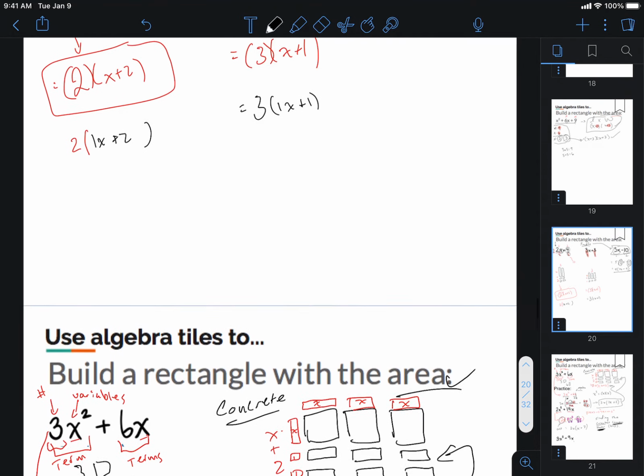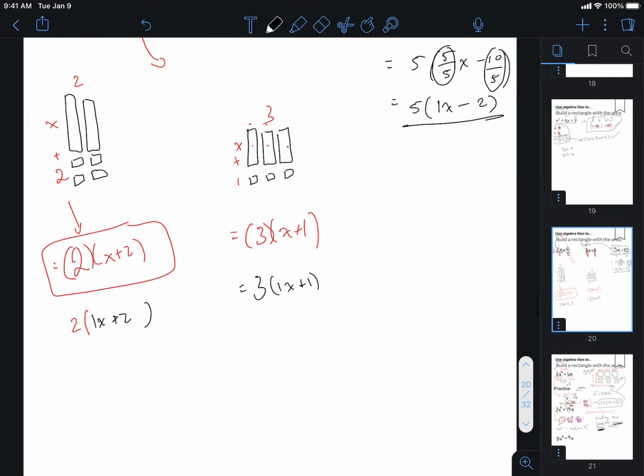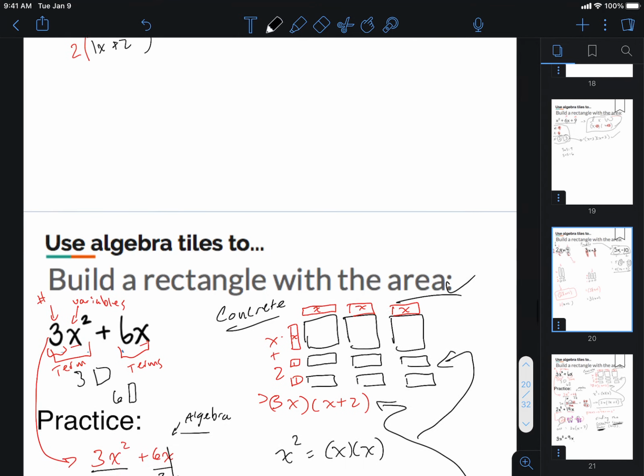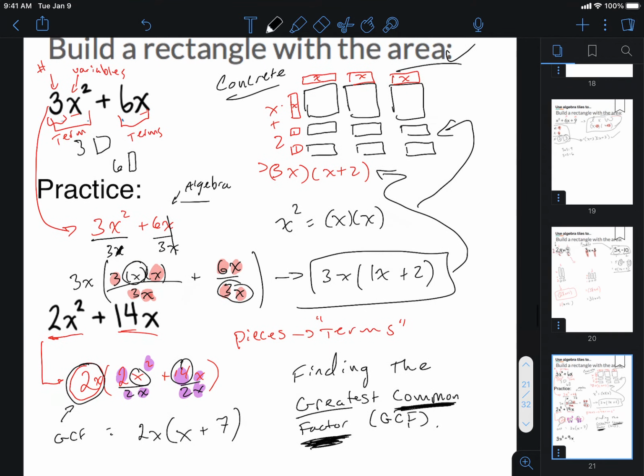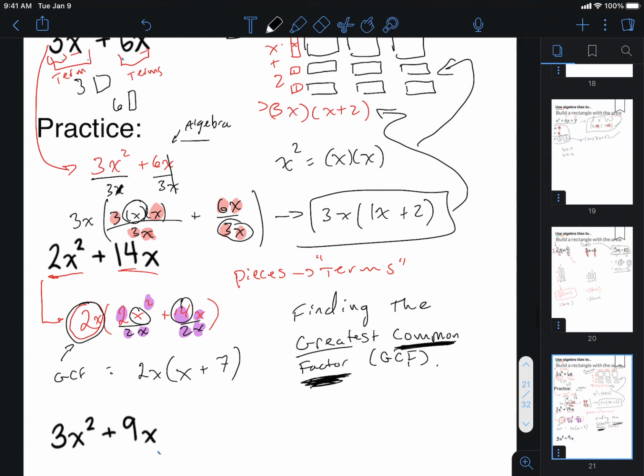It's coming up with the area and then writing the length and width. This here is length times width, right? Where x plus 7 is going to be the width and 2x is the length. We're just coming up with areas.